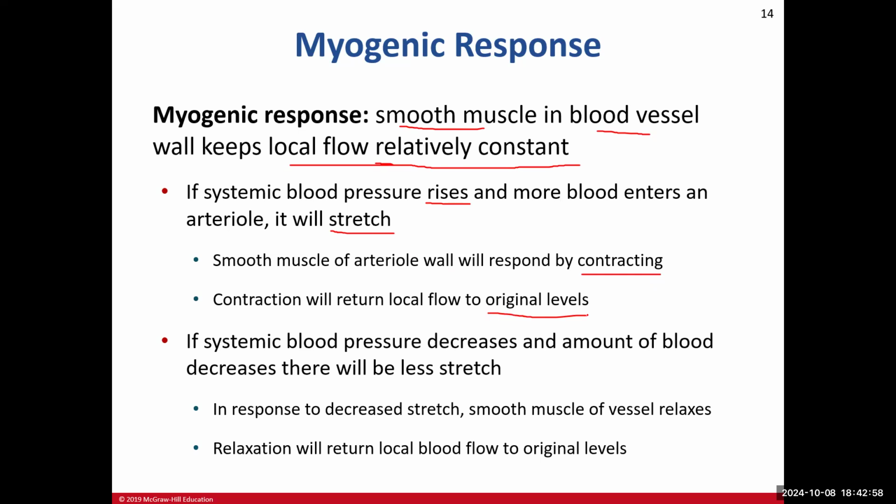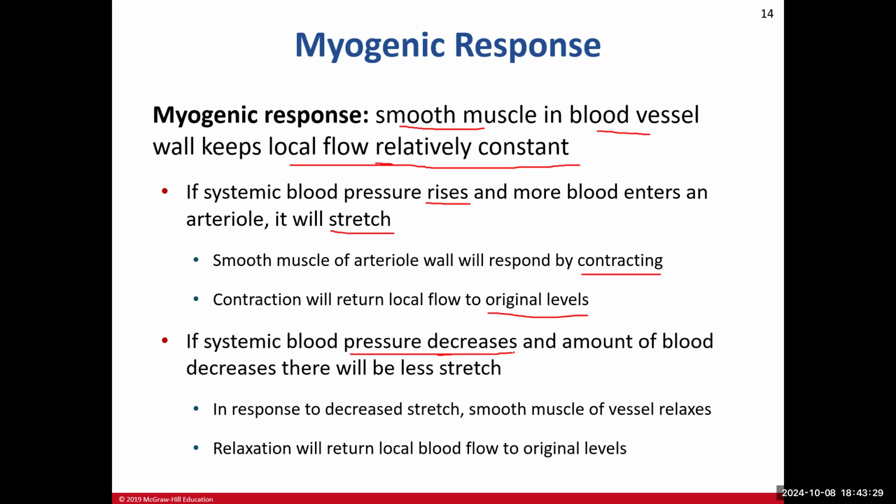So as systemic blood pressure goes up, you're going to see more blood coming into the arteriole, which is going to put more stretch on the wall initially. And so the response is going to be to contract the blood vessel wall, causing an increase in resistance, which is going to cause a decrease in the blood flow, until we get it back to the original levels. The same thing happens in the opposite direction, when we see a decrease in our systemic blood pressure.